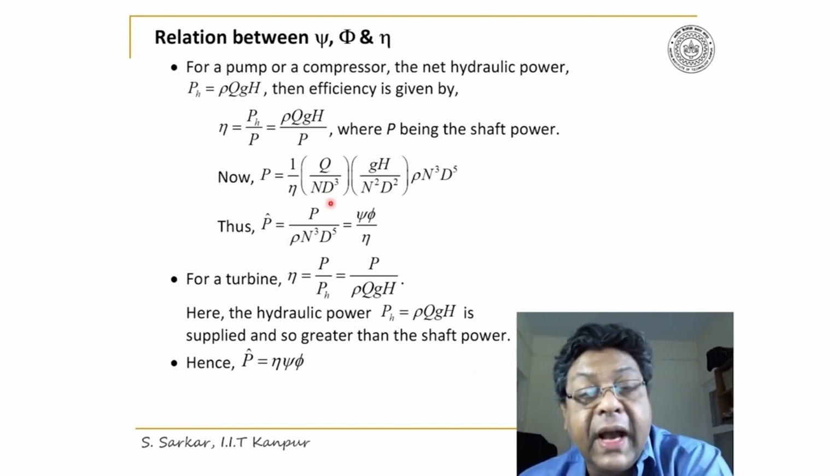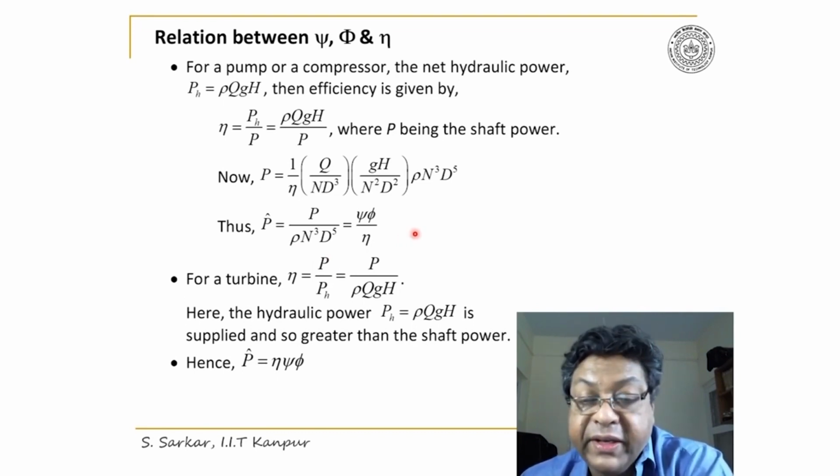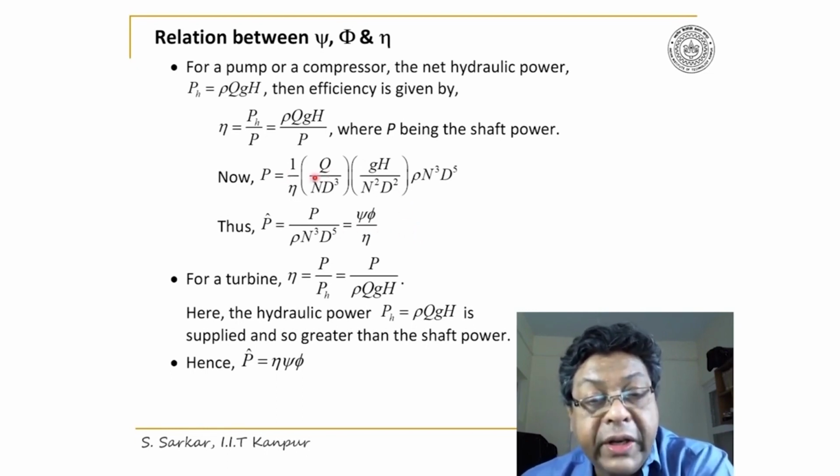So thus P tilde, which is P divided by rho N cubed D to the power 5, would become xi into phi divided by eta. So thus for a pump or a compressor, I can write P tilde is equal to xi phi divided by eta.